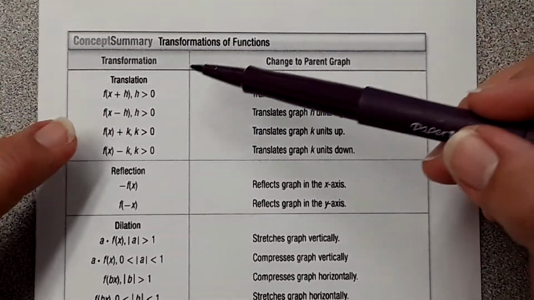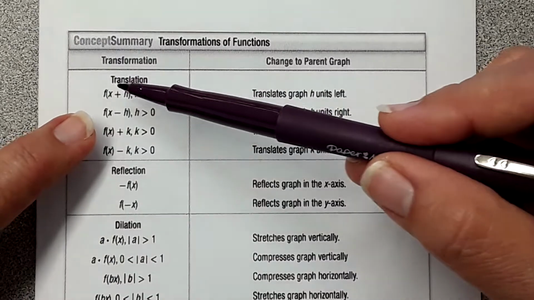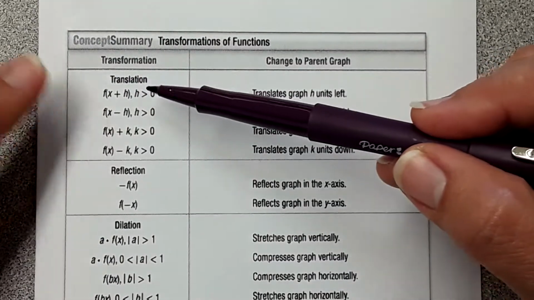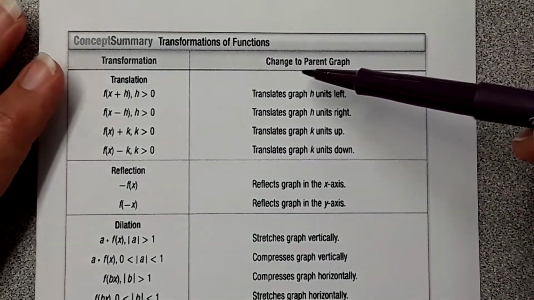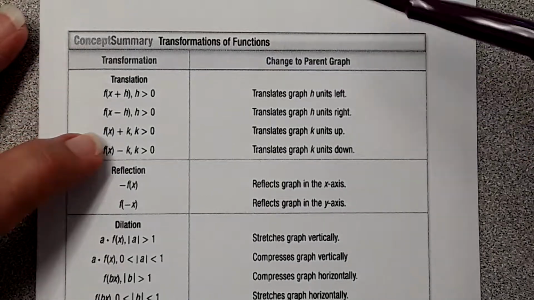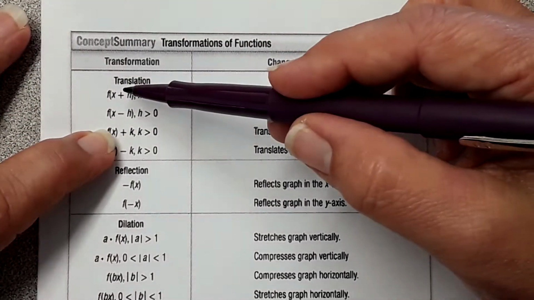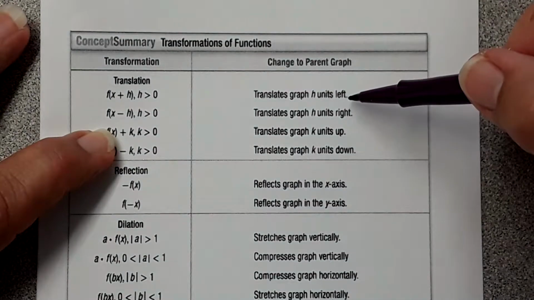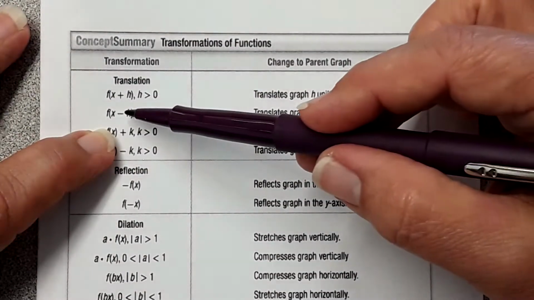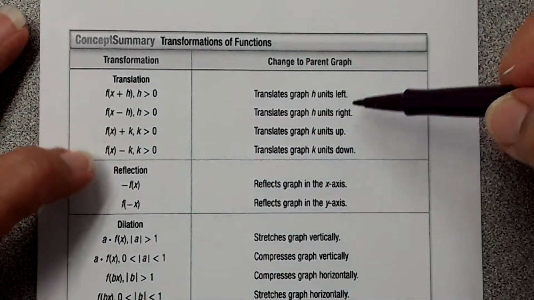So the transformation: if you have x plus h and h is greater than 0, that translates the graph h units left. Notice, even though it's positive, it moves it to the left. If it's negative inside, it moves it to the right.